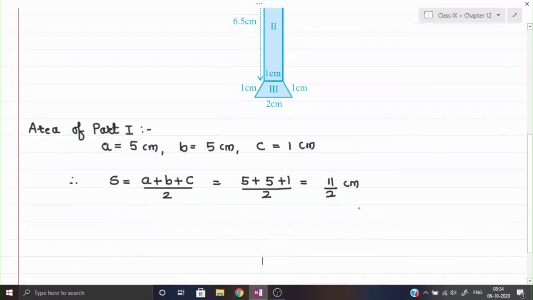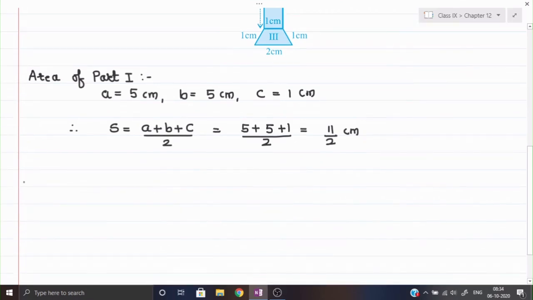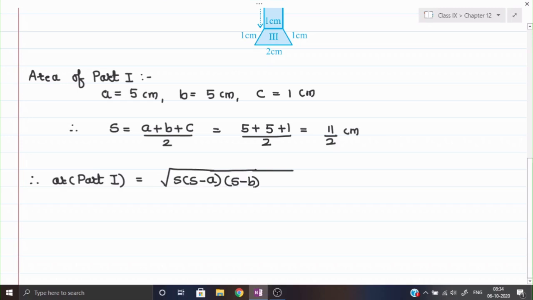Now we shall proceed to find the area. Therefore area of part 1, first part, will be equal to under root of s into s minus a, s minus b into s minus c. So let us write down the formula first: s into s minus a, s minus b into s minus c.